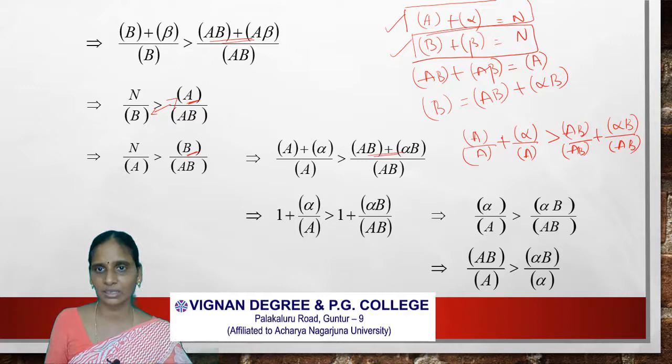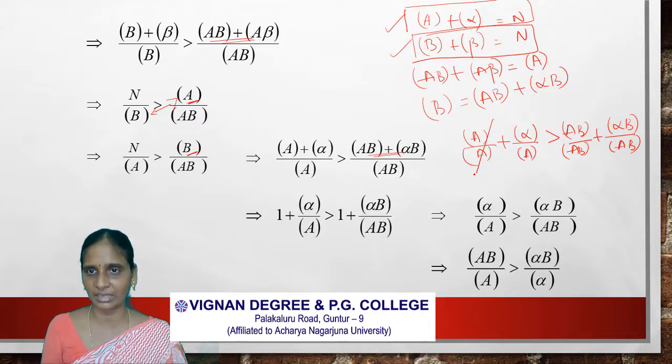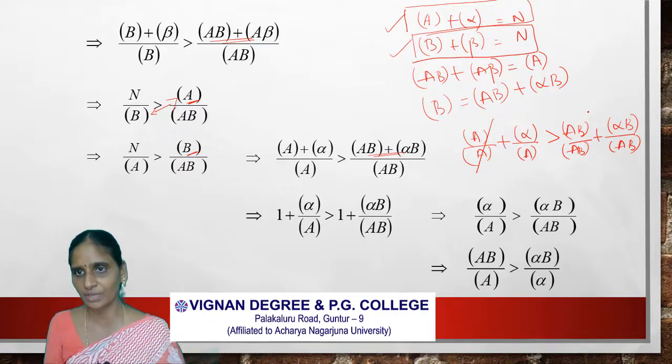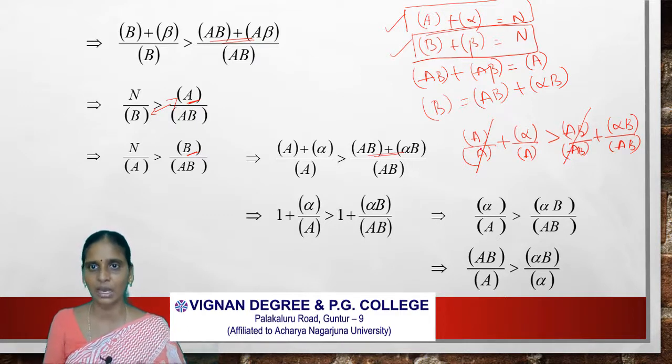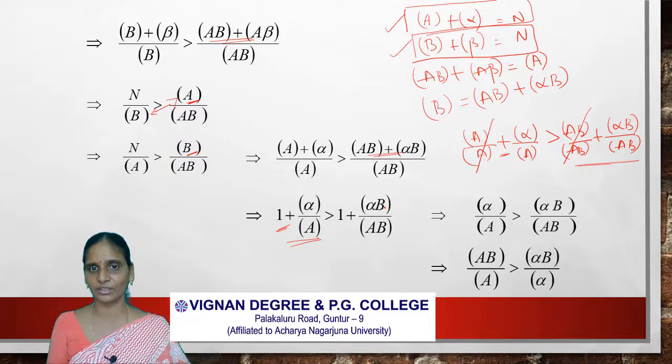So then we get here in the left hand side frequency of A by frequency of A gets cancelled. In the right hand side expression, frequency of AB by frequency of AB gets cancelled. We get here 1 plus frequency of alpha by frequency of A in the left hand side, and in the right hand side we get here 1 plus frequency of alpha B by frequency of AB.